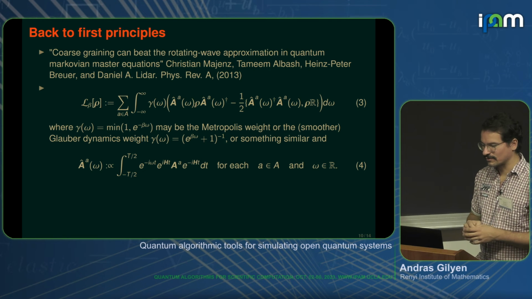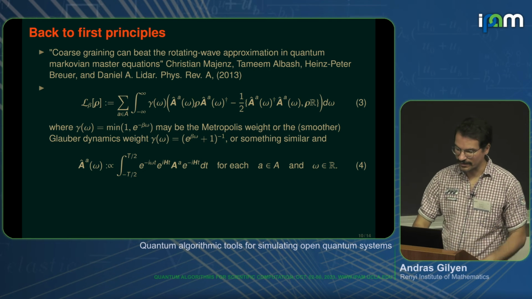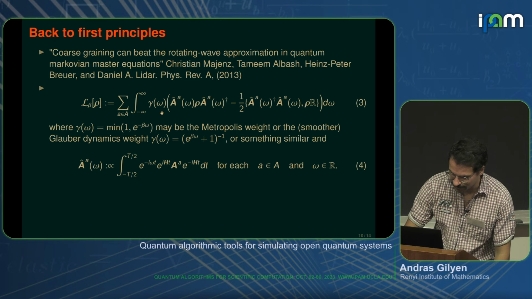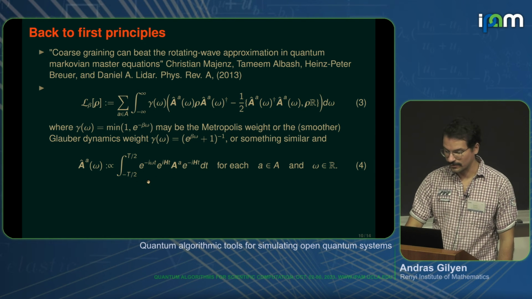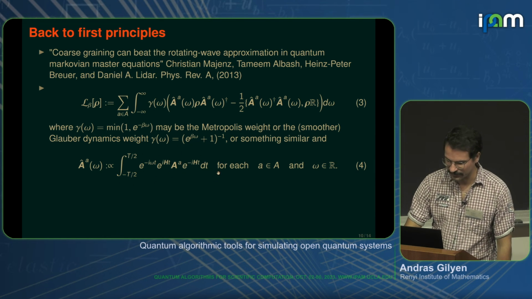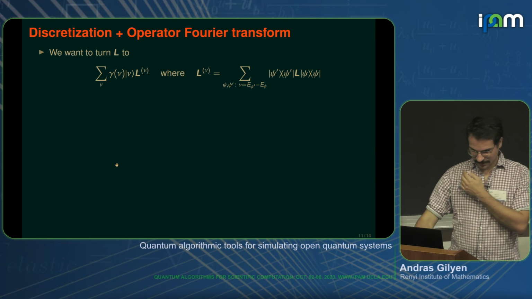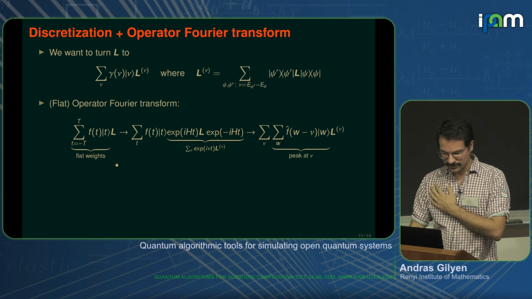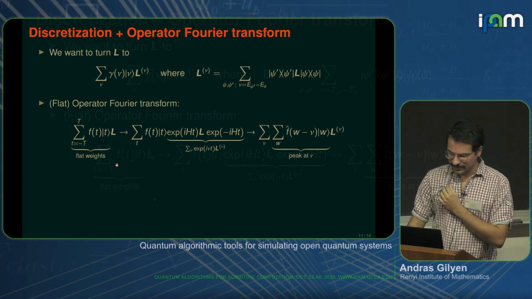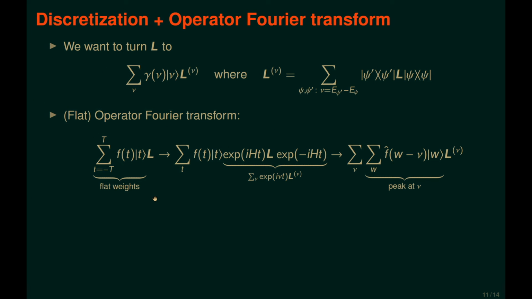Now you can discretize this integral to a sum, and then you can do this operator Fourier transform in a discretized picture, and that's a quantum operator Fourier transform. I really don't have time to explain the details here, but the key thing is that we show that discretization suffices at a not too fine-grained level, so you have only a logarithmic number of qubits, and this operator Fourier transform can be done with the quantum Fourier transform very efficiently.